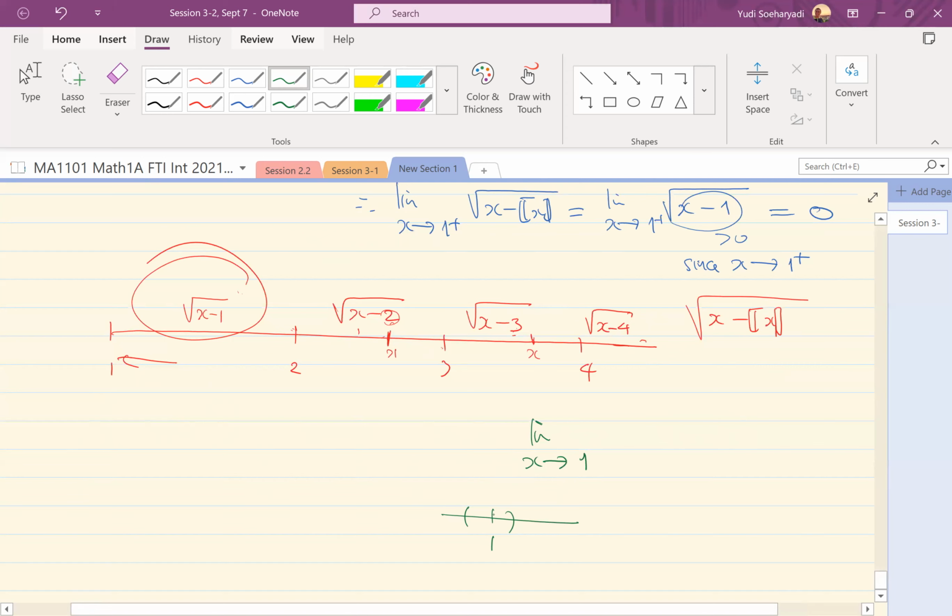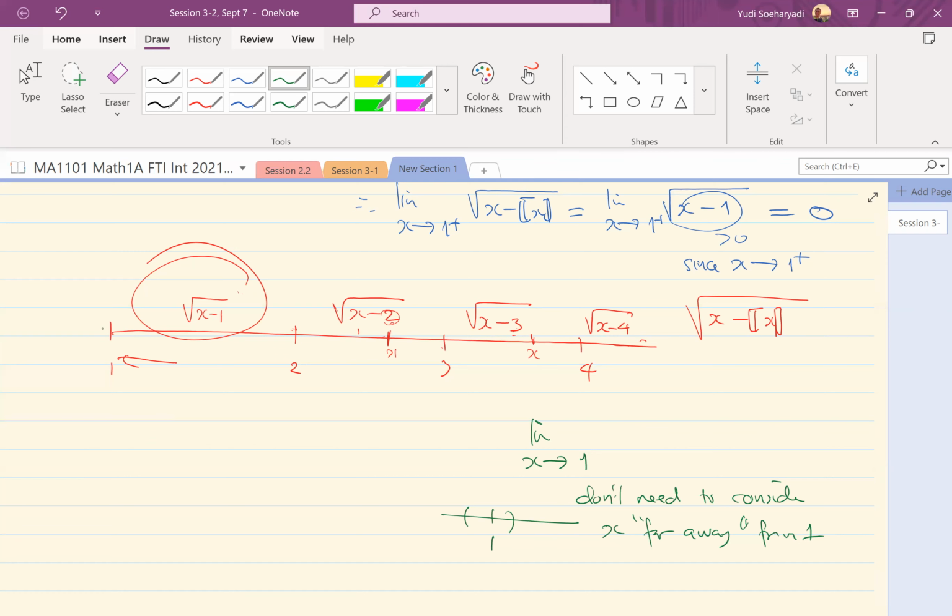So that saves lots of energy, because you don't need to consider x far away from 1. You just need something closer to 1. So that's the idea.